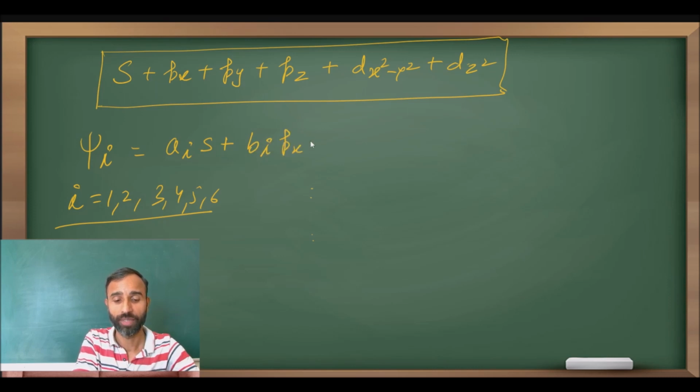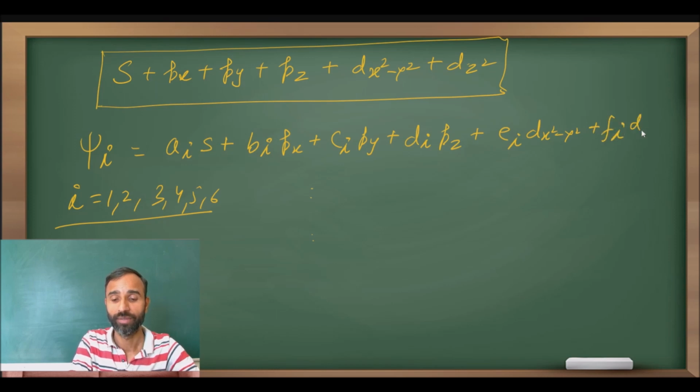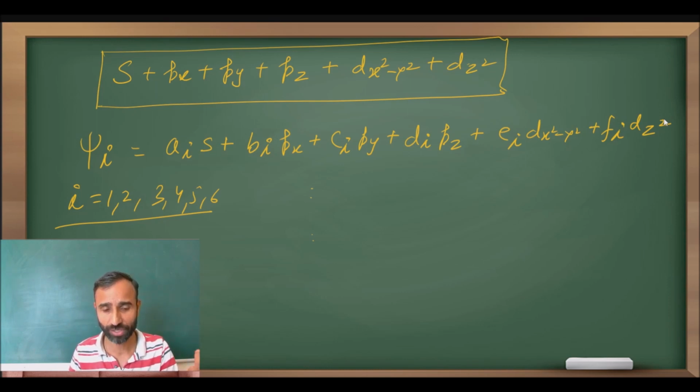b i p x, c i p y, d i p z, e i d x square minus y square plus f i d z square. This is the case. You can take these coefficients as maybe something else, but a, b, c, d, e, f is okay to continue with.